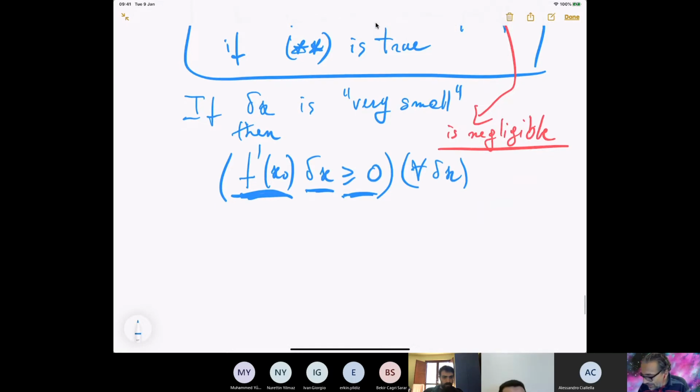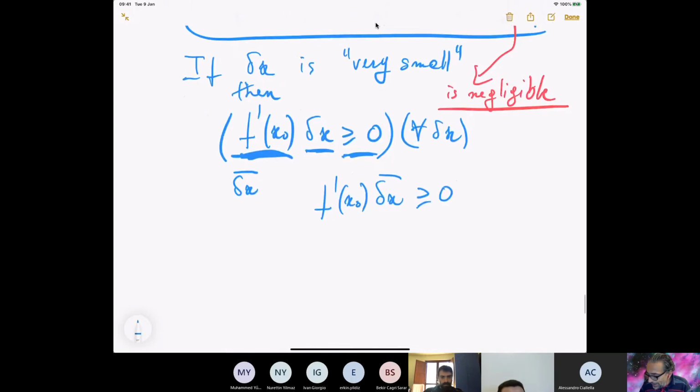Now, imagine that for a certain delta x bar, f prime of x0 times delta x bar is positive. Then you multiply f prime of x0 times minus delta x bar, and you get a negative number. Okay. So I should not write the equal.